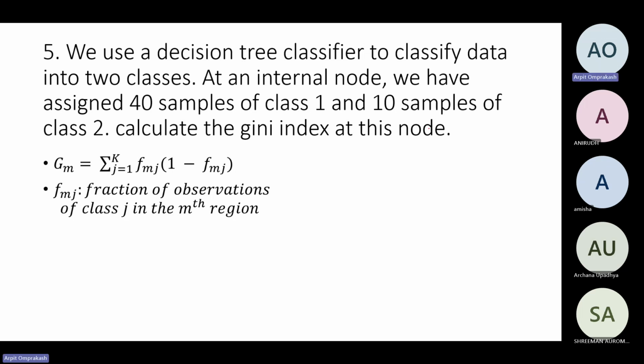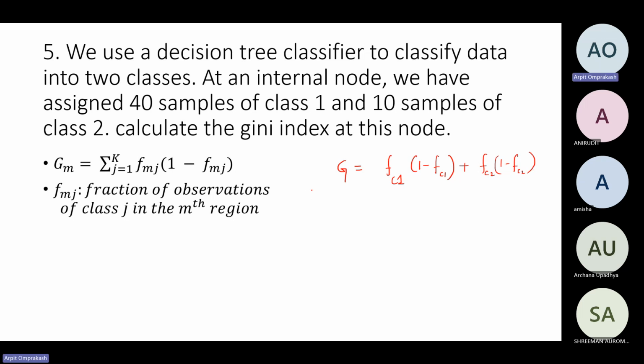Since we are making a calculation for a single node, we'll drop the m. G is given as f of class 1 into 1 minus f of class 1, plus f of class 2 into 1 minus f of class 2. This is our Gini index.